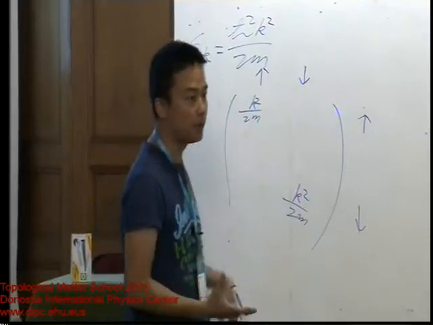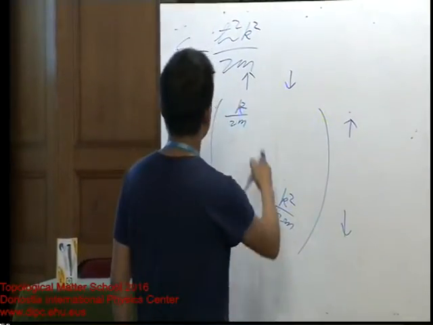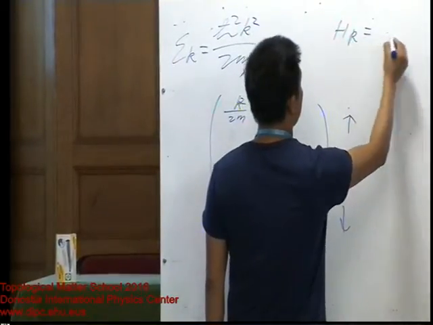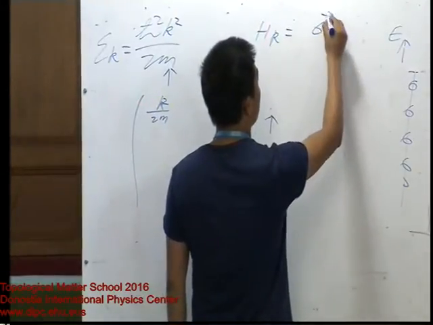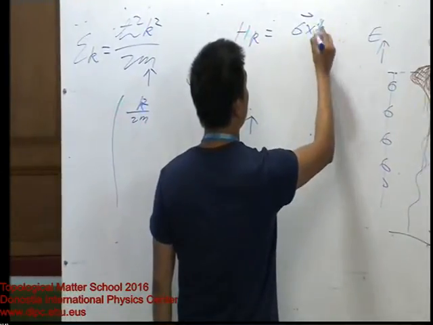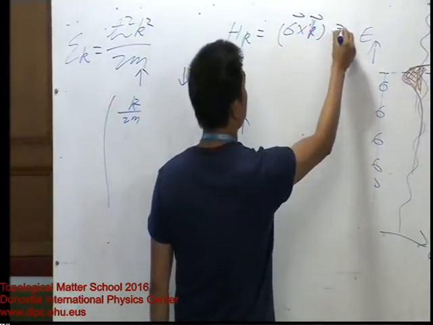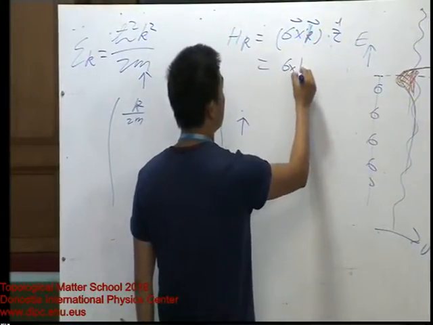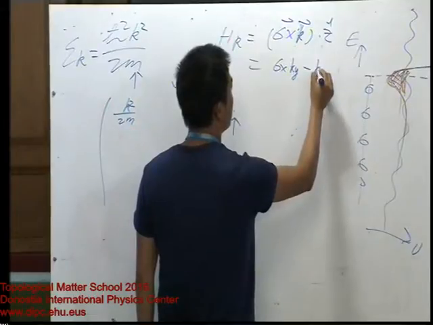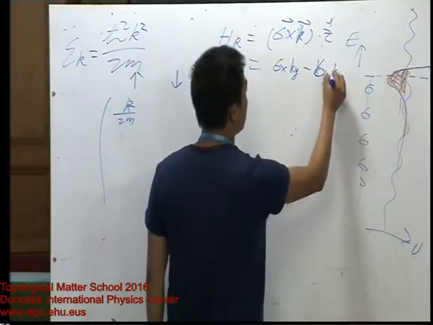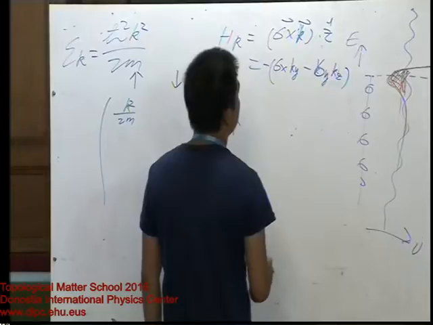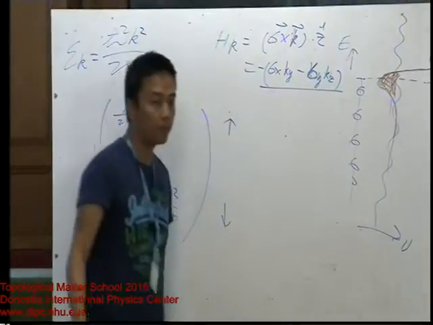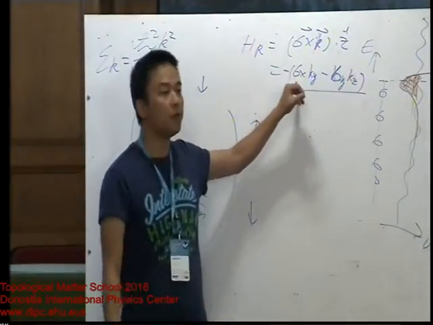They're just parabolic bands. And in between, there's some coupling, because we remember this Rashba term is sigma cross p, or sigma cross k. What does it actually mean? It means sigma x ky minus sigma y kx. Maybe a minus sign here. We know this sigma is a matrix, right?